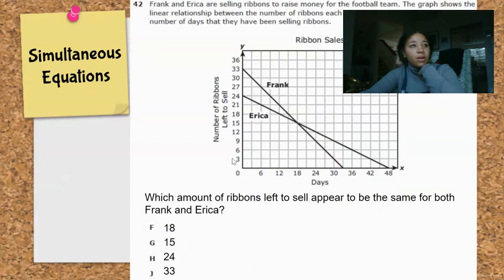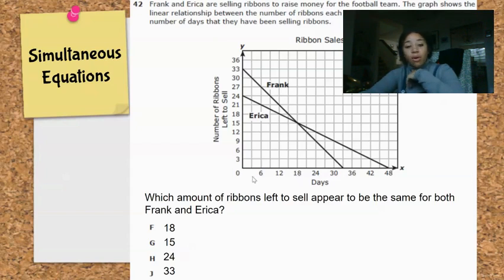This one, Frank and Erica are selling ribbons to raise money for the football team. The graph shows a linear relationship between the number of ribbons each of them has left to sell and the number of days that they have been selling ribbons. So, which amount of ribbons left to sell appeared to be the same for both Frank and Erica?